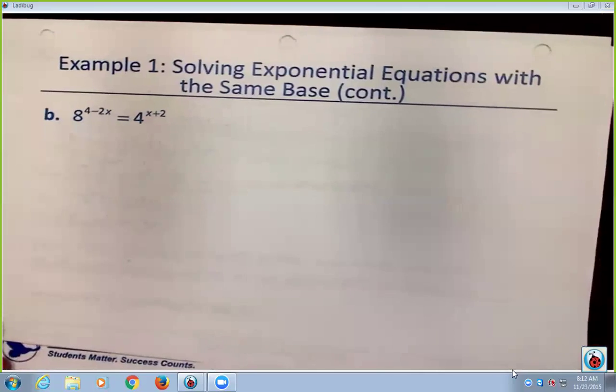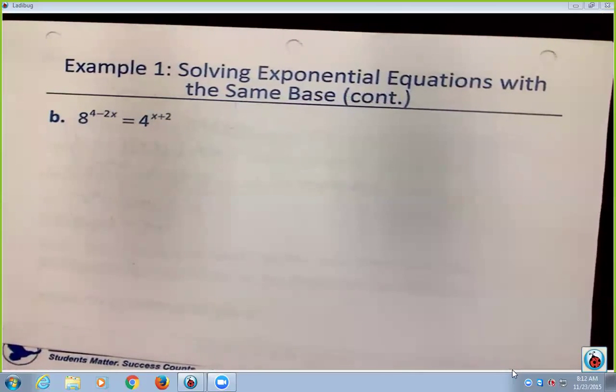We've also done these. When you first look at it, we're looking at 8 raised to the 4 minus 2x power and 4 raised to the x plus 2 power.